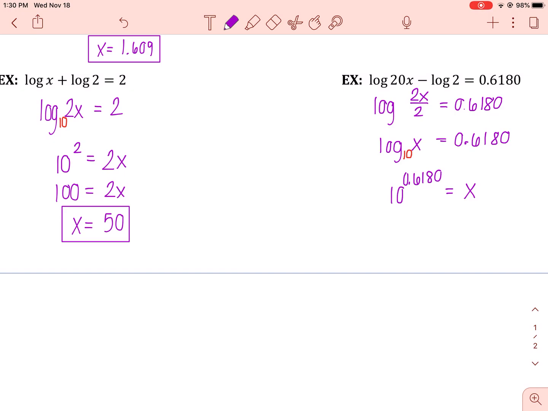Oh, guys, I am so sorry. Just rereading the problem. This is a 20x. Oh, you guys are like, this is amazing. She made a mistake, but I found it. Yes, I did. So it is 10x. One final step is divide by 10. Right? Get the x by itself.